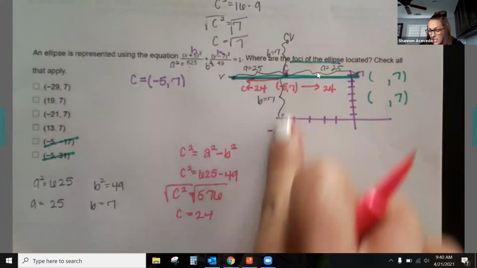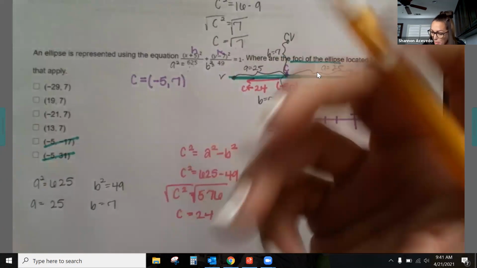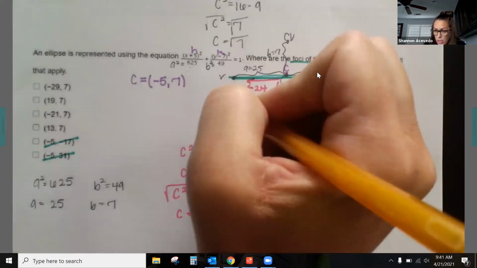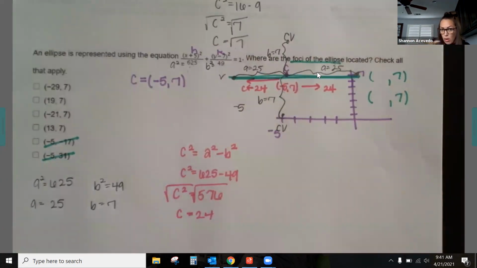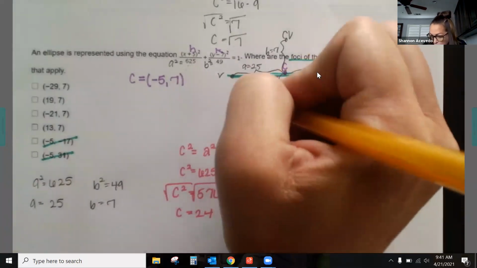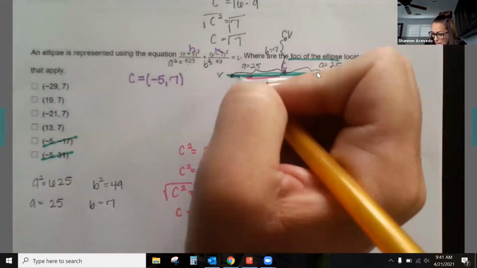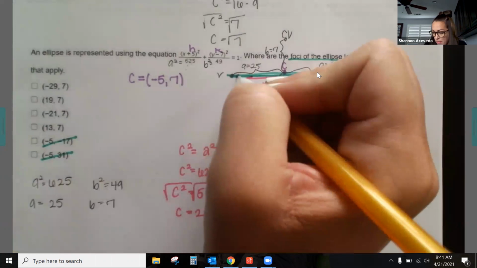If I'm here at -5, and I want to go to the left 24, I'm going in the negative direction 24. That's going to put me at -29 for that X value. That's going to put me here then at -29.